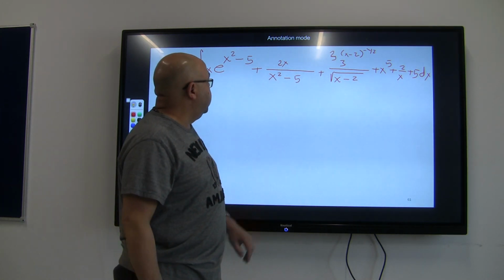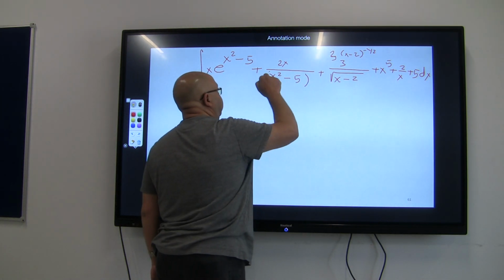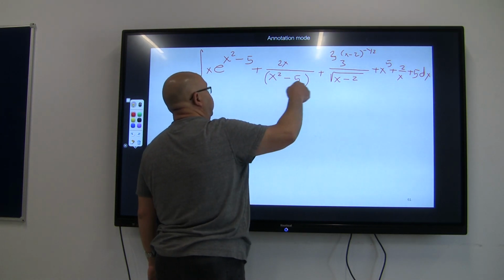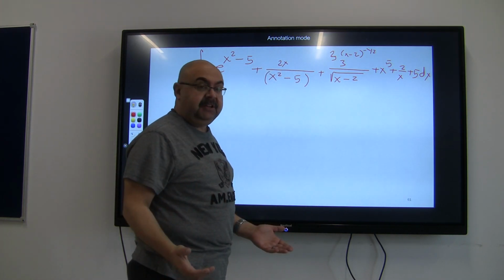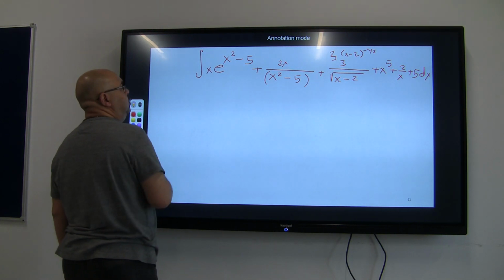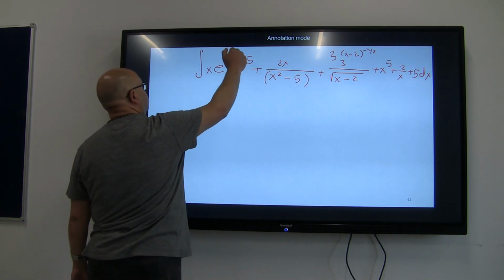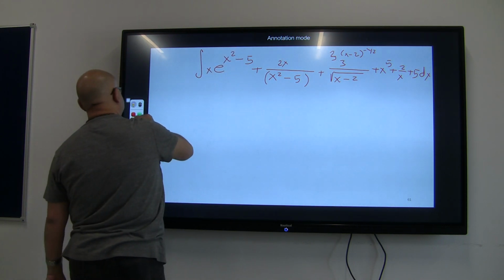If I look to the other problem, which has a function in the denominator, no power, the derivative already exists, I know exactly the treatment of this one, which is the logarithmic function. If I look to this one, it's almost the exponential function. The power is x squared minus 5. In order to integrate, the derivative is 2x.